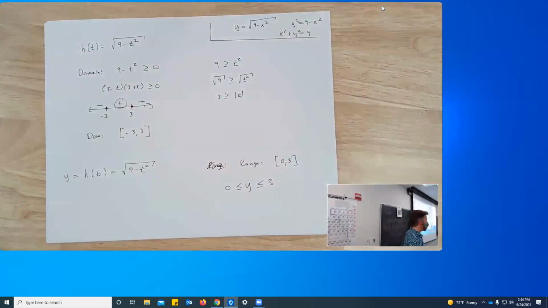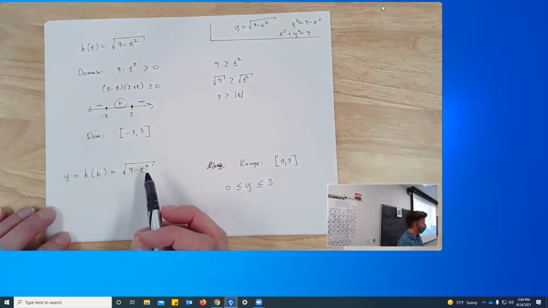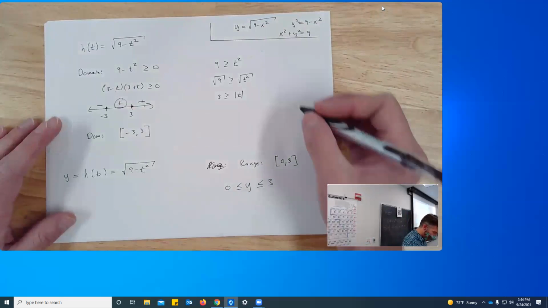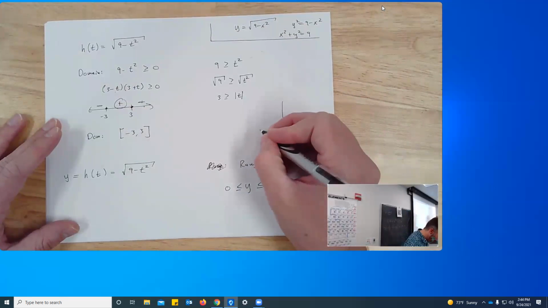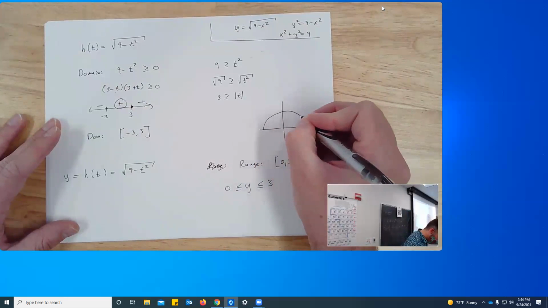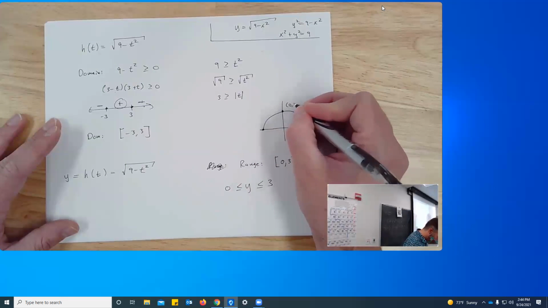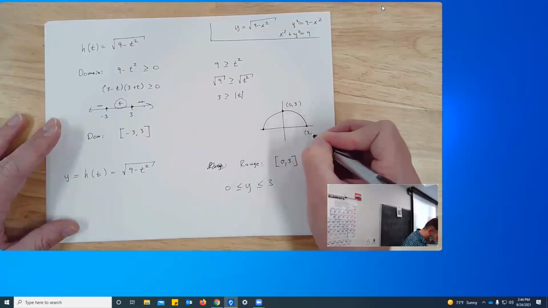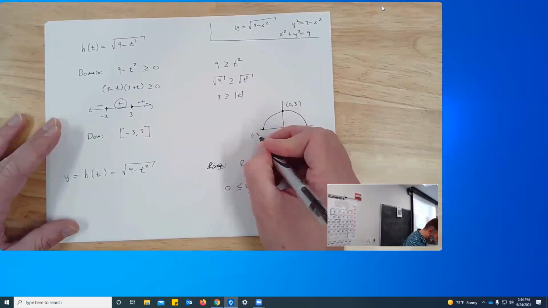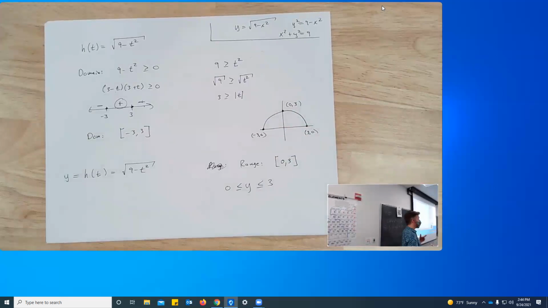You might see that it's a circle of radius 3, except it's just the top half, since the outputs have to be positive. So this looks like the top half of the circle of radius 3. It definitely has a domain from -3 to 3 and a range from 0 to 3.